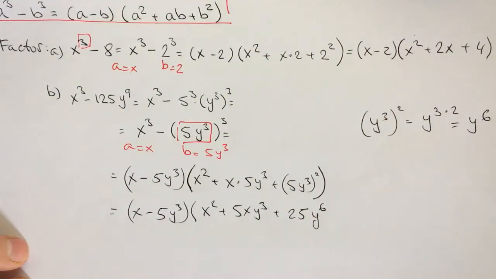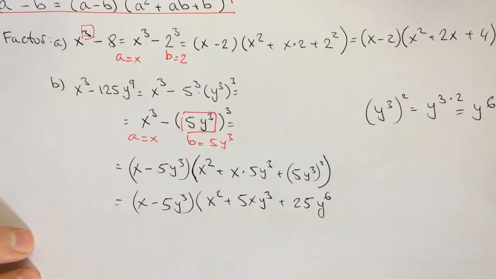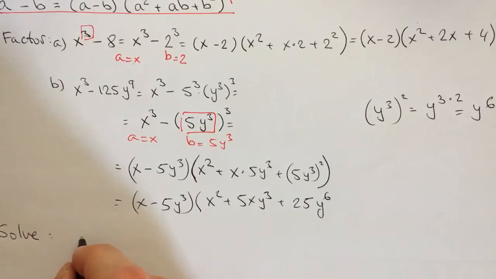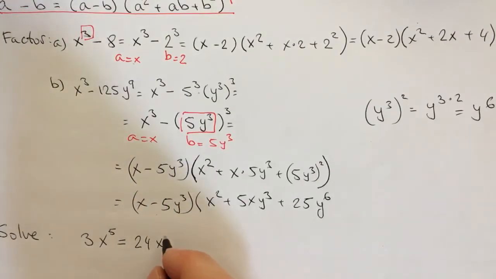Now, if we have to solve an equation, let's say 3x to the power of 5 is equal to 24x squared.